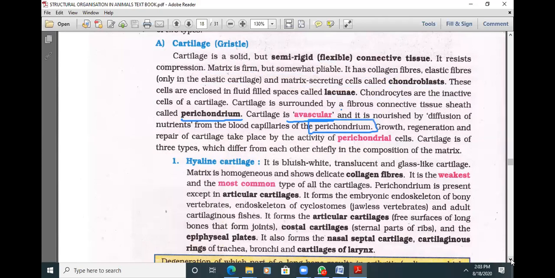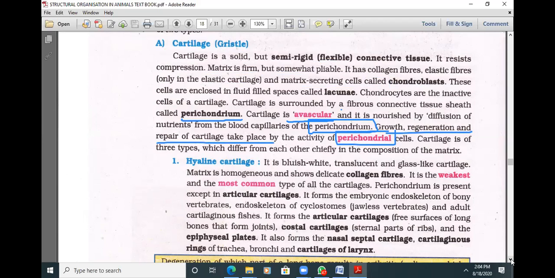That means the blood capillaries are present only in the perichondrium. Growth, regeneration, and repair of cartilage takes place by the activity of perichondrial cells.